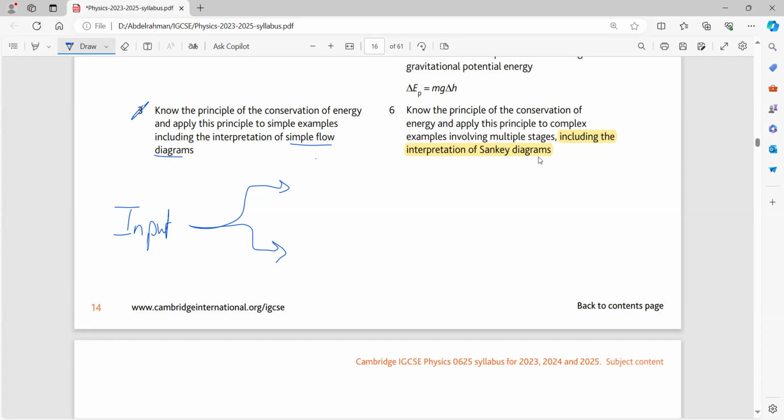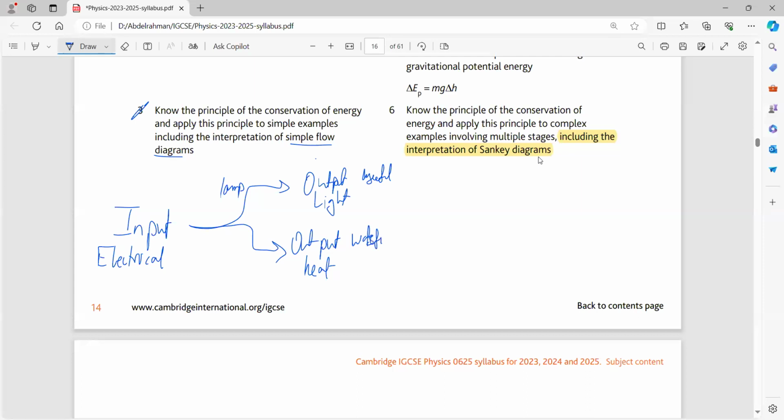For example, if I had some electrical energy input in a lamp, the output energies of this lamp would be the output energy. We have two outputs: light and heat. But we say that the light is the useful, and we say that the heat is the wasteful.